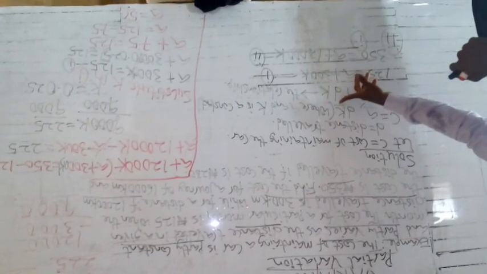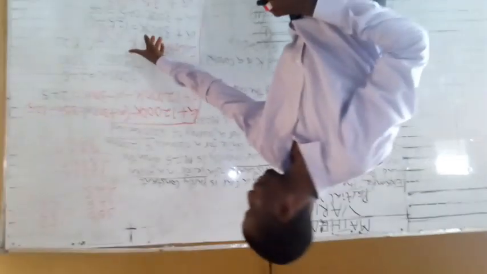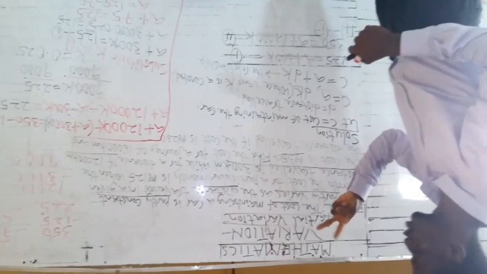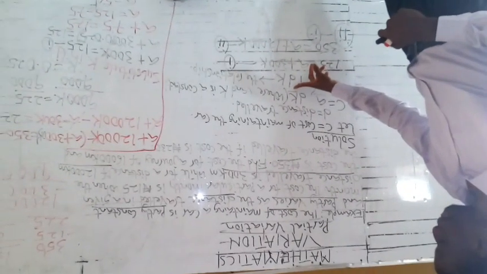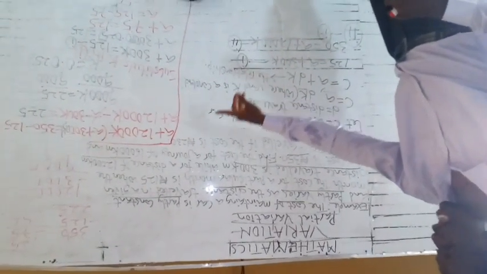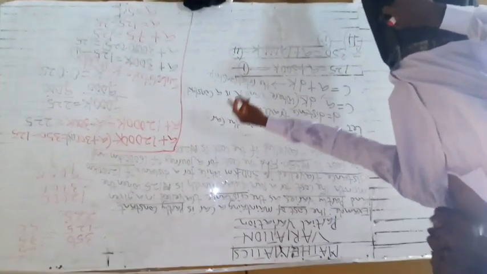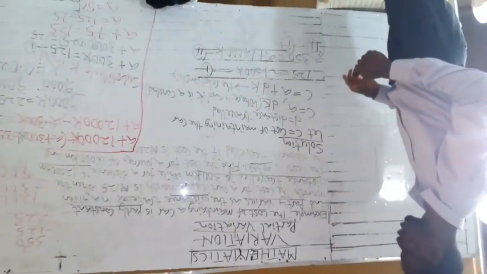I hope viewers at home, you have rightly seen the way we got our K, which is a constant that I introduced. For you to solve partial variation, you must introduce two constants, and I have used constant A and constant K. By the method of simultaneous equation, I have been able to get our K and our A, and our K is 0.025 and our A is 50. Now look at the question further.